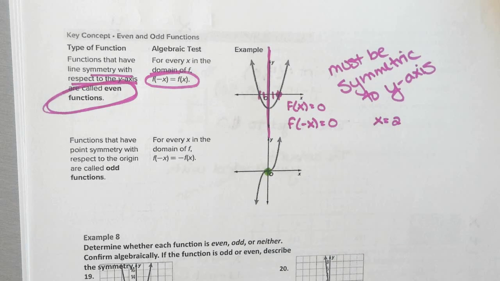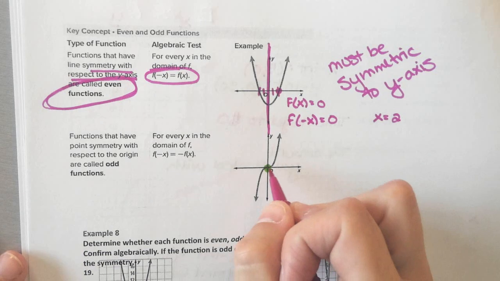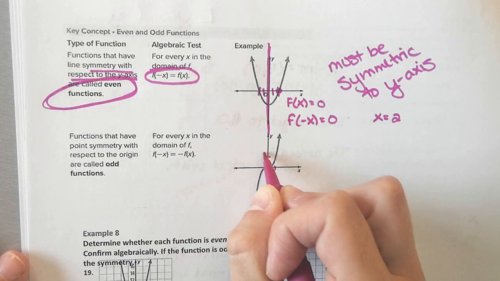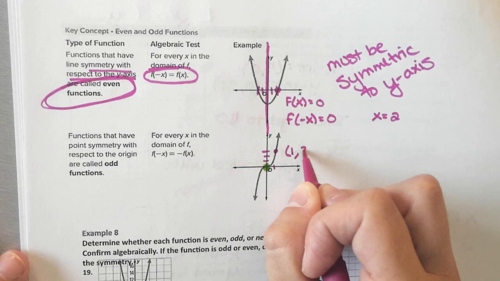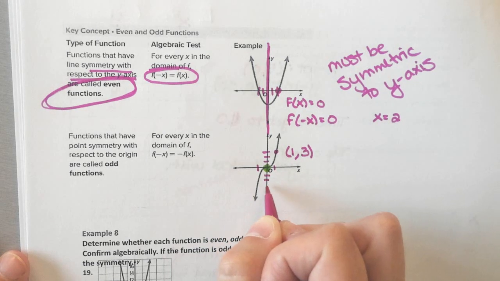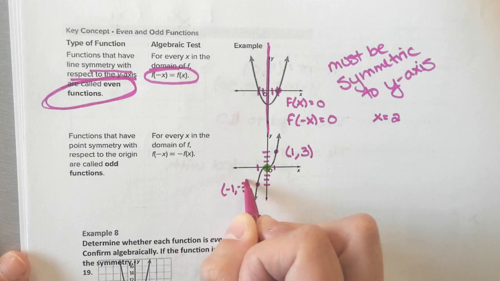So if we have point symmetry, what you're going to find is you're going to have an ordered pair. So let's say we have an ordered pair at 1, 3. I should also have a point then at -1, -3.